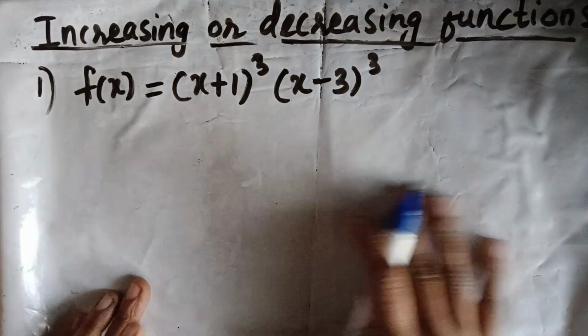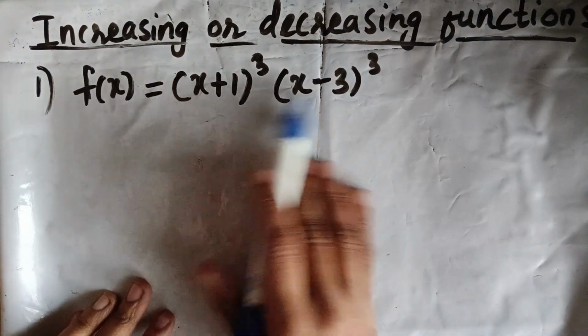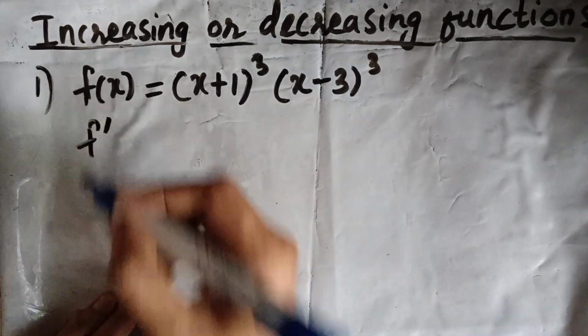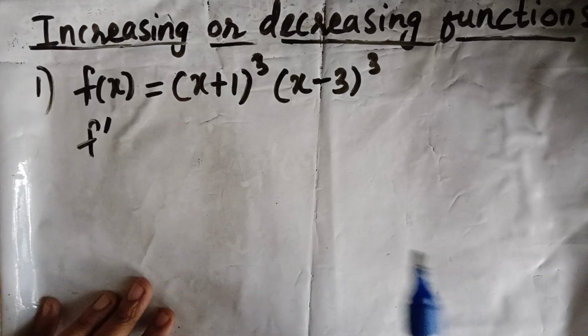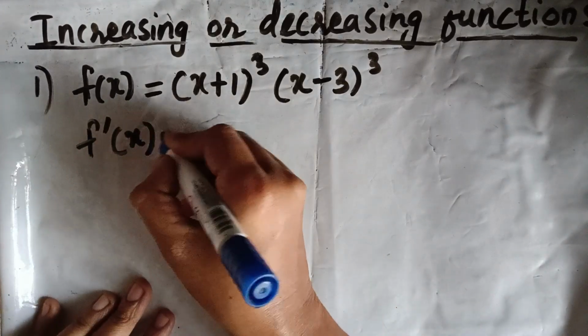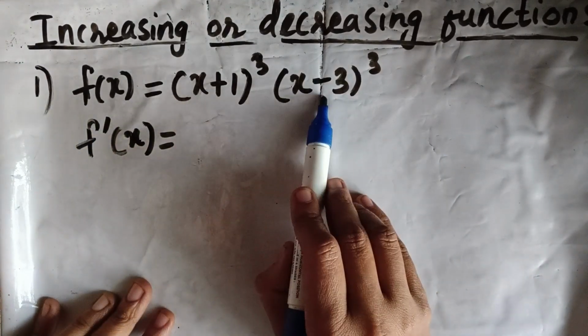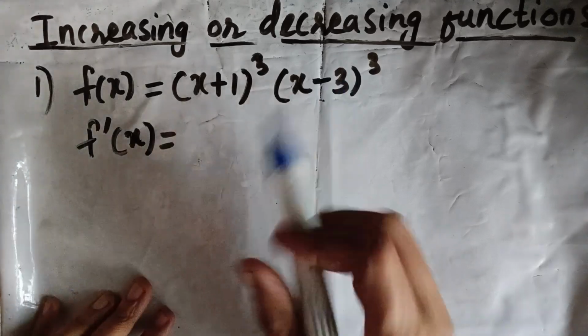Let's solve this. So f of x is given. You have to find the intervals on which it is increasing or decreasing. For its derivative you have to use the UV rule. This is u, this is v.